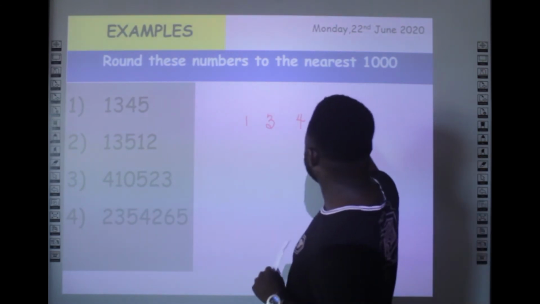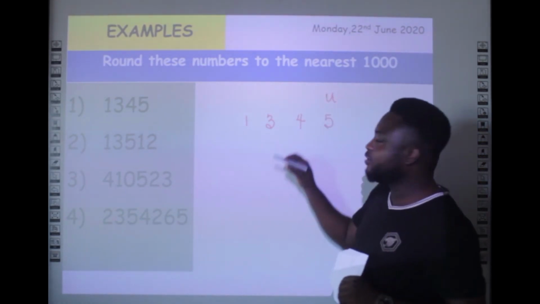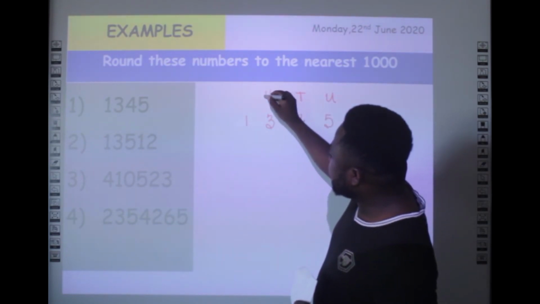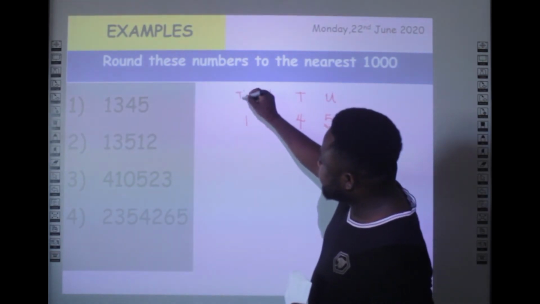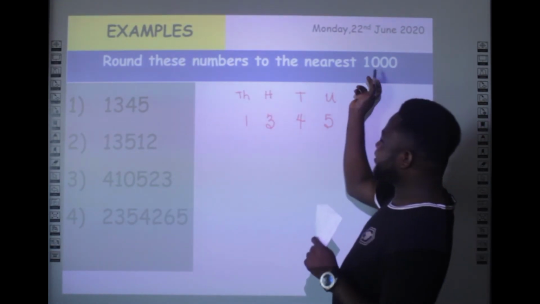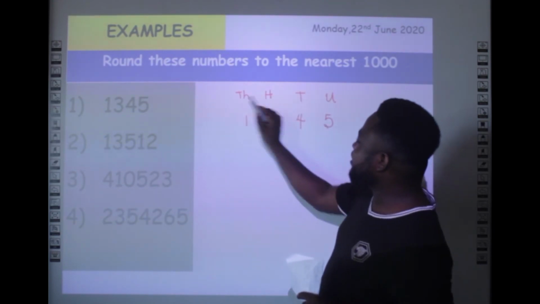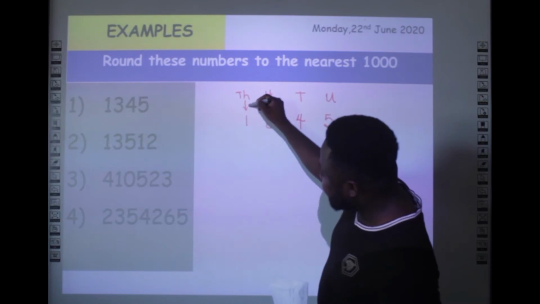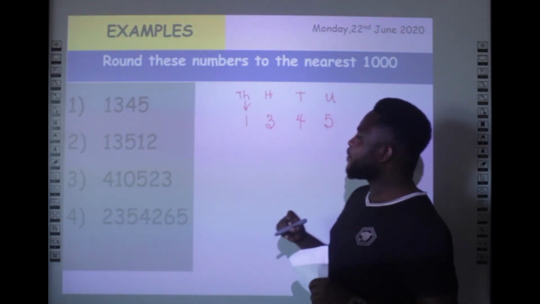So this is going to give us units, the 10, the 100, the 1,000. Can you see that? Now, since it's to the nearest 1,000, where do you have thousands here? This is 1,000, so this is going to be our target digit.